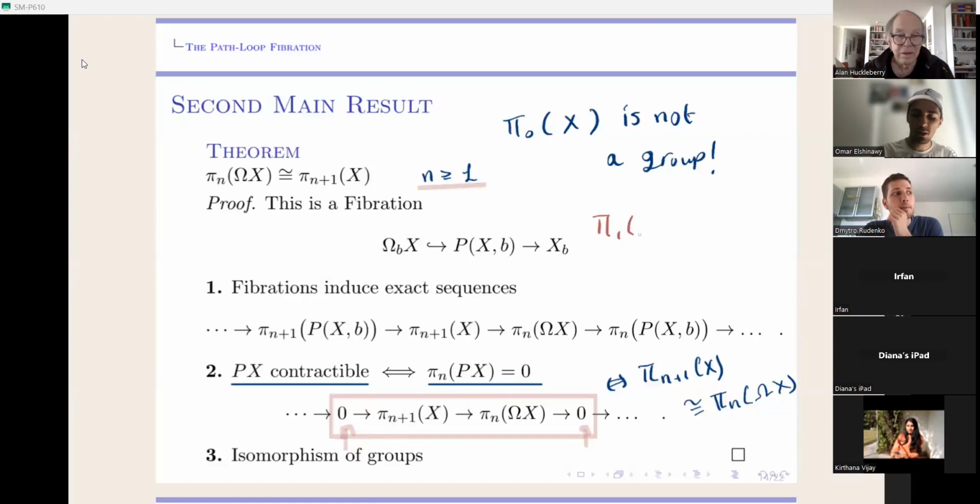So pi 1 of x is equal, right, to pi 0 of the loop space. Yeah. Thanks. So I just want to say that pi 1 of x should be homotopy classes of loops. Yes, I think that's exactly precisely the same as path-connected components of the loop space.